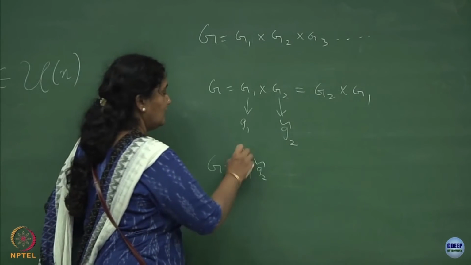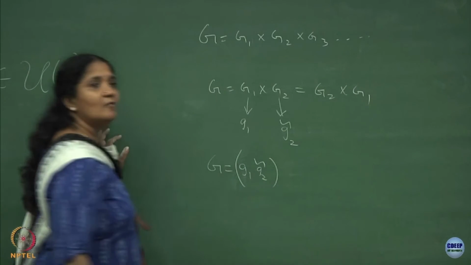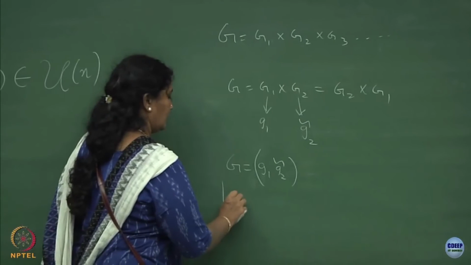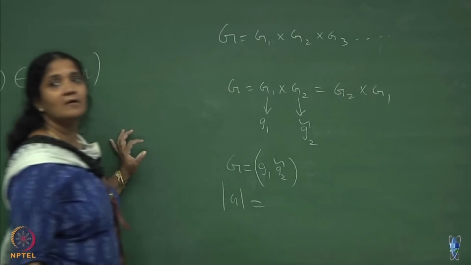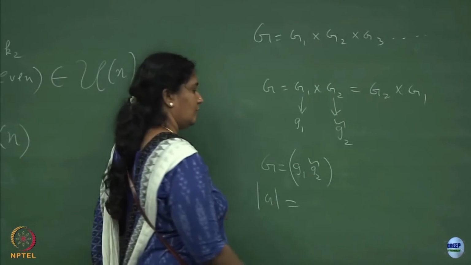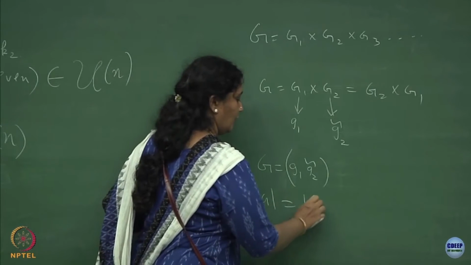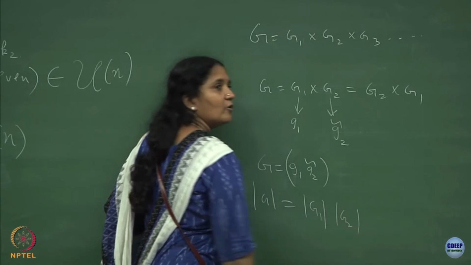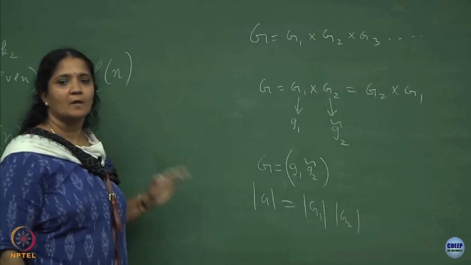Okay. So, what will be the order of this group? Somebody? Order of G1 multiplied by order of G2. Okay.